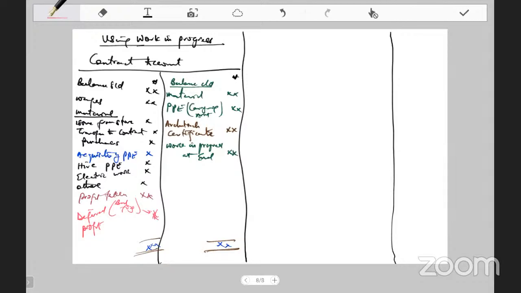And that is the end of the contract account using the two methods.